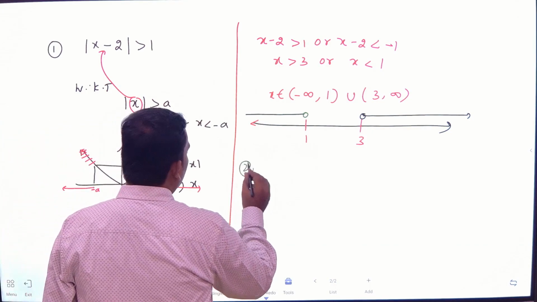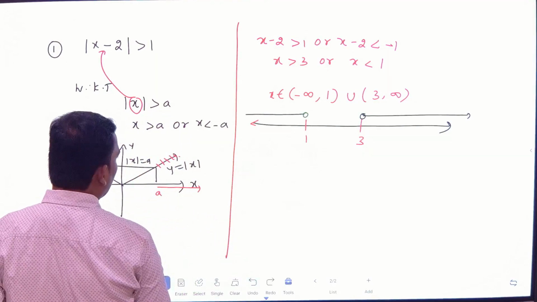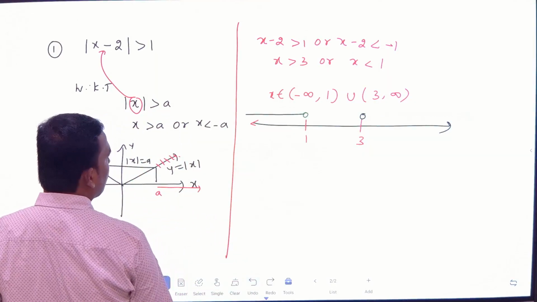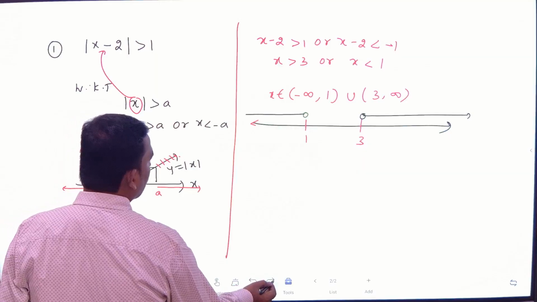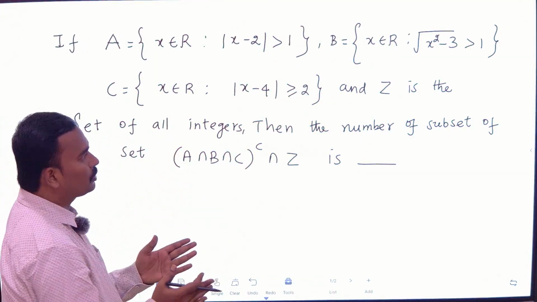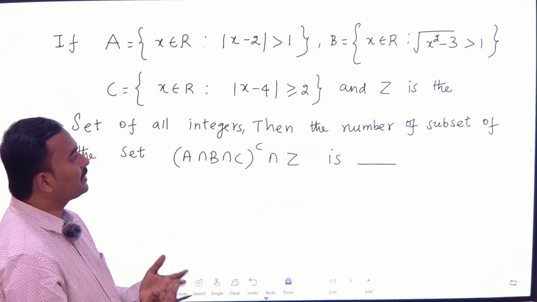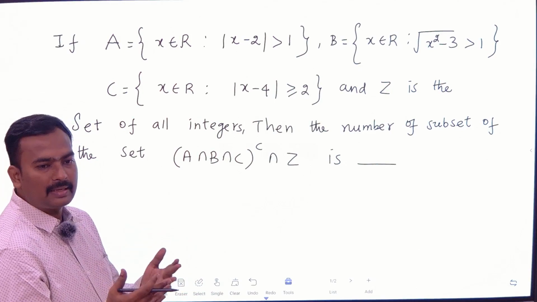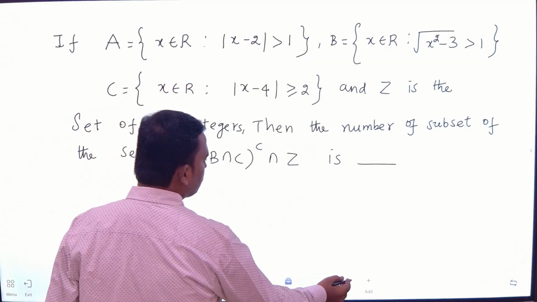Let's do the second one. X belongs to R, square root of x square minus 3 strictly greater than 1. Then how to do this?